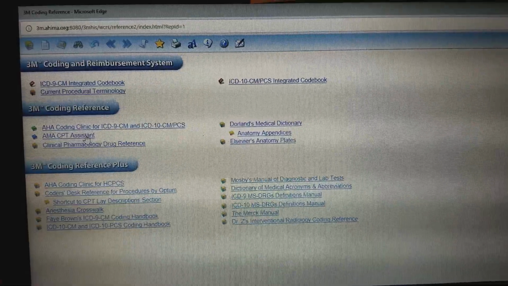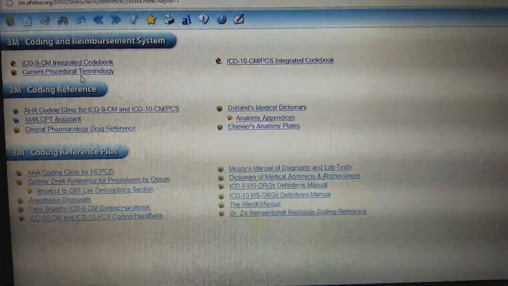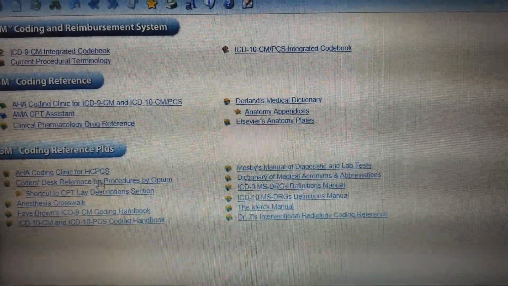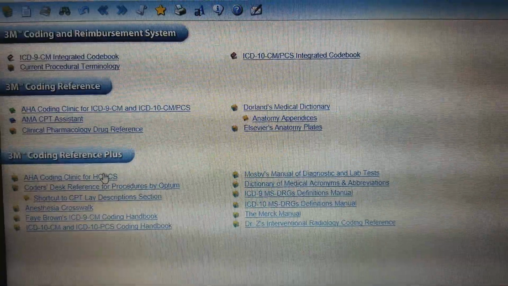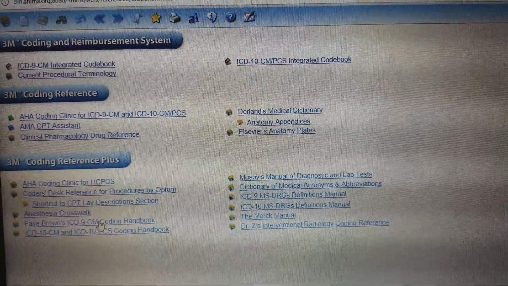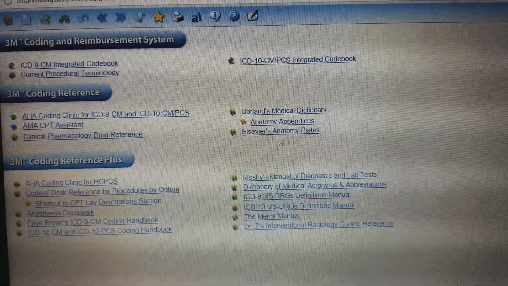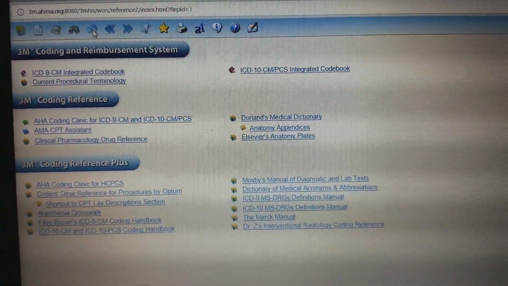You also have your CPT assistant, your CPT terminology, HCPCS book, for when we get into HCPCS, Faye Brown's coding handbook for some of you that really get into the Faye Brown book. There are all kinds of links here that you can click on. Just explore around. Take some time and explore around and see what you come up with.